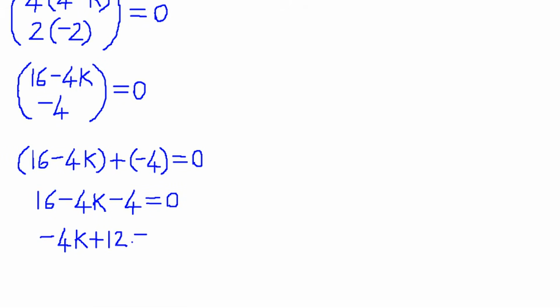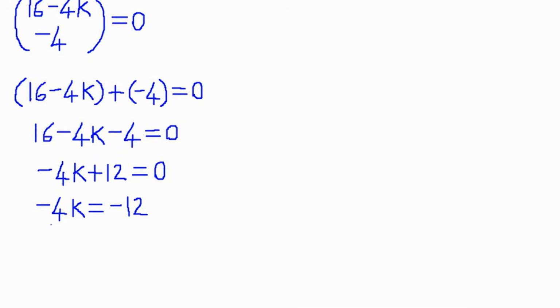And then what is the next stage after reaching this stage? So the next step that you are going to take is that you're going to say -4k. Remember, we're going to start the process of making k the subject, since our main objective is to find the value of k. So what we're going to do is take positive 12 to the other side of the equation, and when it goes to the other side, it is going to be negative, so this is going to be -12.